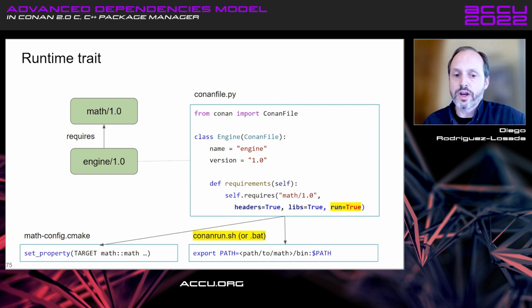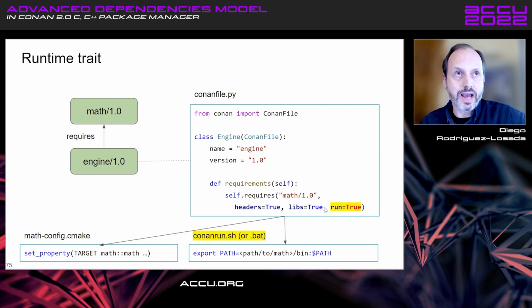In this case, if we know, for example, that math is always a shared library, and engine knows that, or a very common use case, even if math is a static library, that package contains some XML files, something that is going to be loaded at runtime. It happens, I don't know, in computer vision, pattern recognition, many things that depend on a file there.